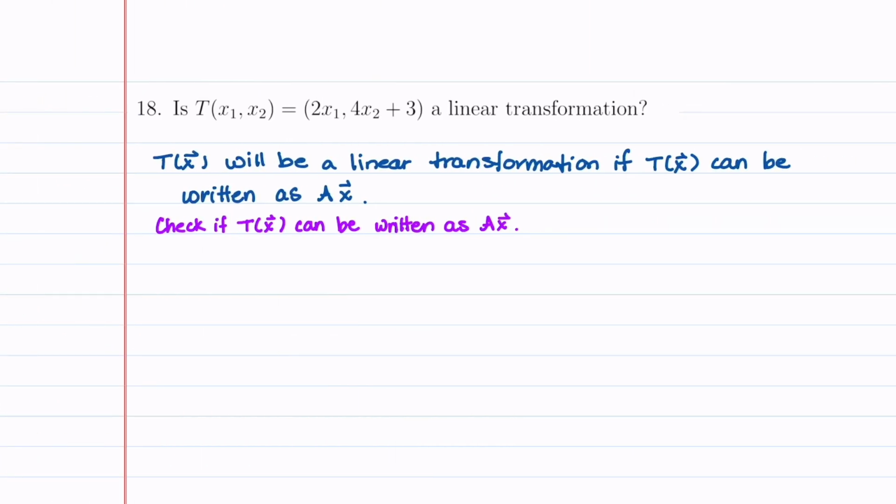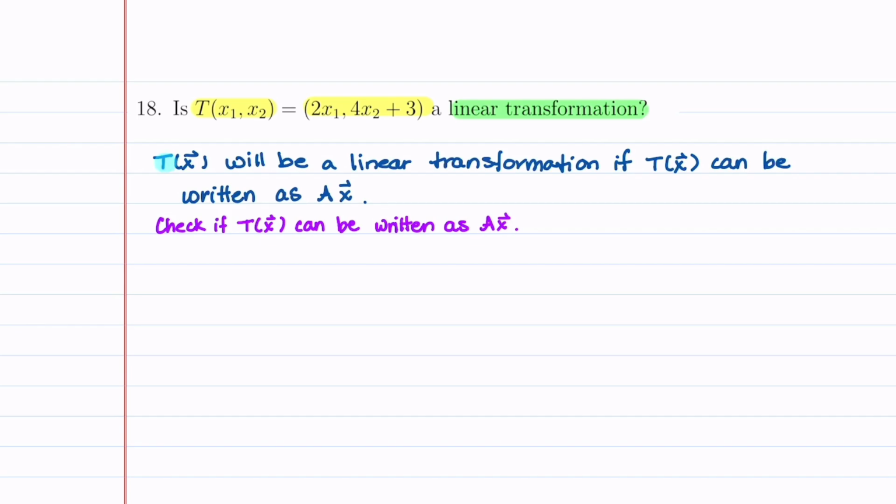In this problem, we're given that T of x1, x2 is equal to the vector 2x1 and then 4x2 plus 3. And we're asked to determine if this transformation is a linear transformation. Let's start by understanding what a linear transformation is.